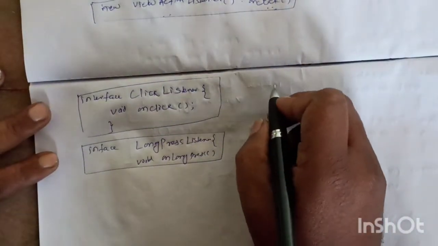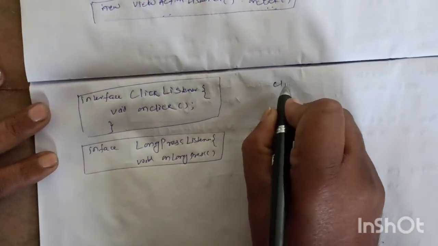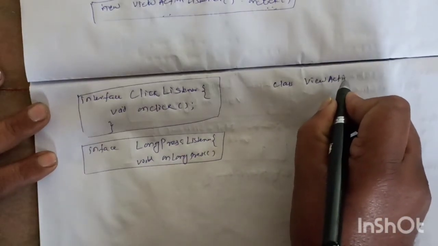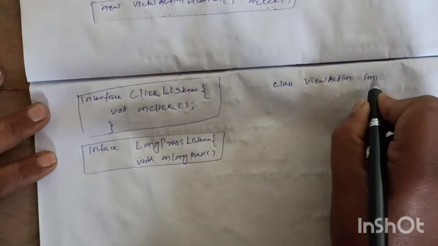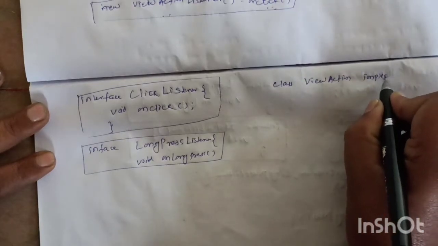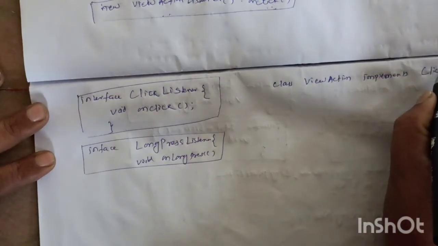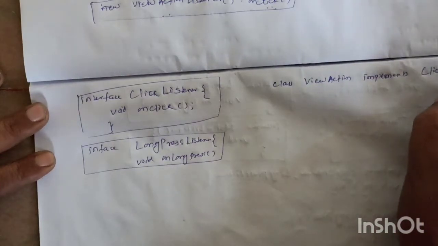Let's say in my class view action listener, I want to handle only the click event, only click listener or on click event.